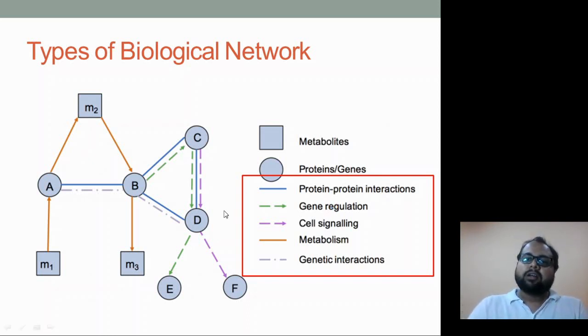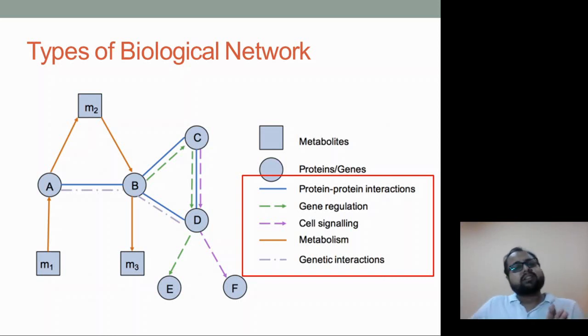Okay, the gene regulations are the ones which are in the green. So here again, looking at it, you can guess it. It's a directed network. So all your gene regulations basically have a direction, like how a gene goes from one gene to another to third to fourth, which is initially silenced, then how does it get activated.